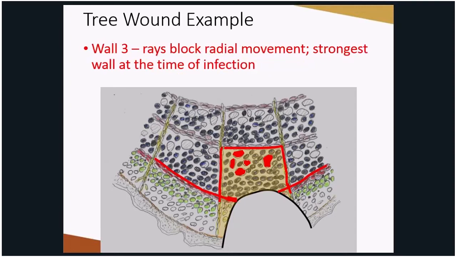Wall 3 now, again, is formed along the rays, so it actually blocks some of that lateral movement and tries to further confine everything to this one little compartment and wall that off, essentially.